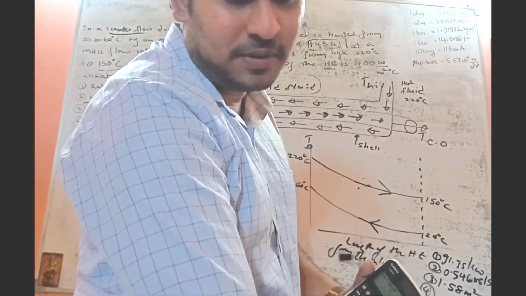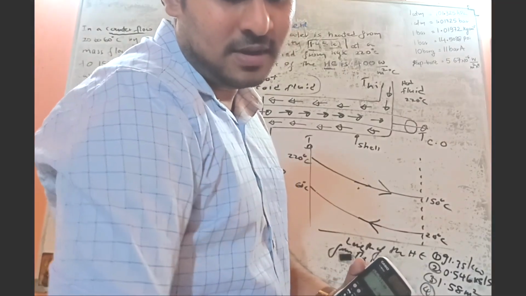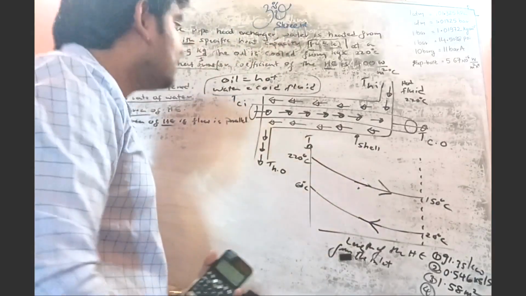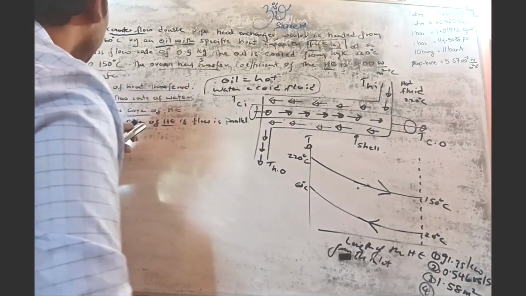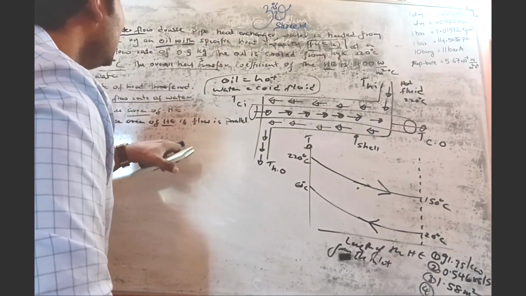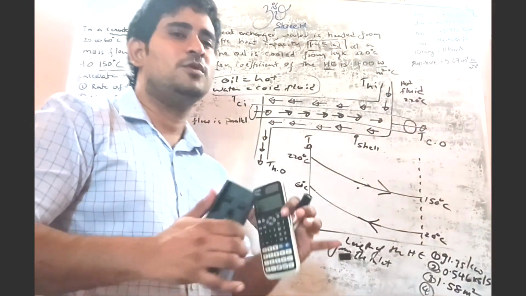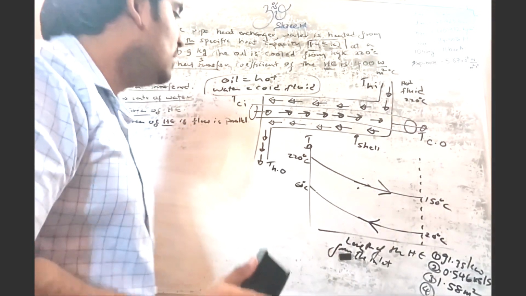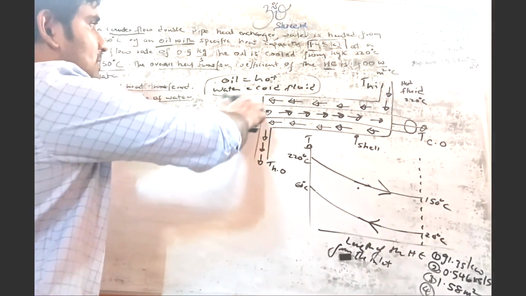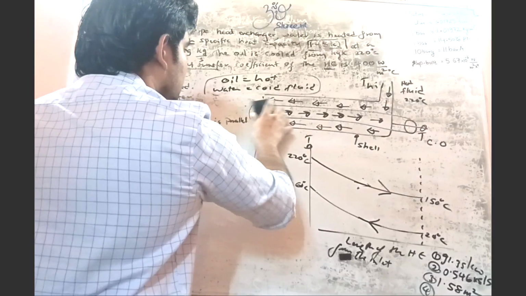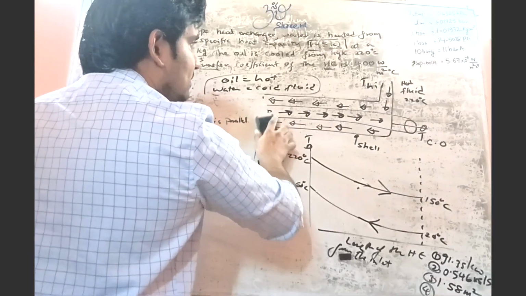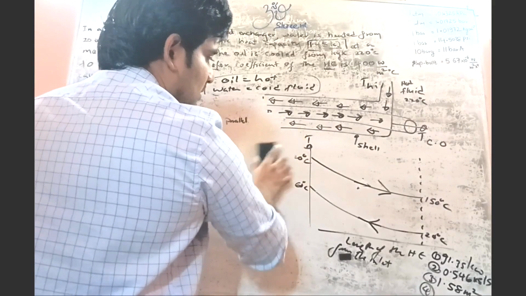Let me teach you how to do that. Because now we have to find the surface area considering the flow is parallel, I will erase this diagram because I need to sketch a new layout.